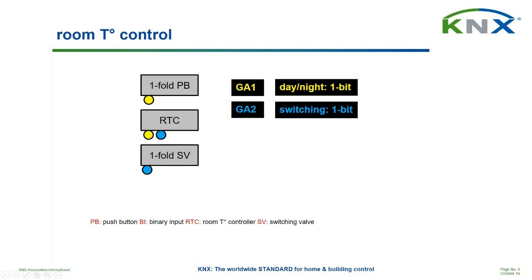Whenever heat, in this case, would be required in order to reach that temperature, which is set as being the comfort temperature, the temperature that feels comfortable, we obviously have to add heat to the room, and that's what we will get when we manipulate this switching valve, which again is manipulated via this RTC, via the room temperature control device. Also this I will demonstrate in the second part.